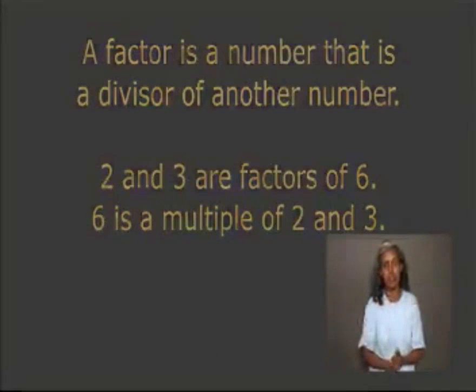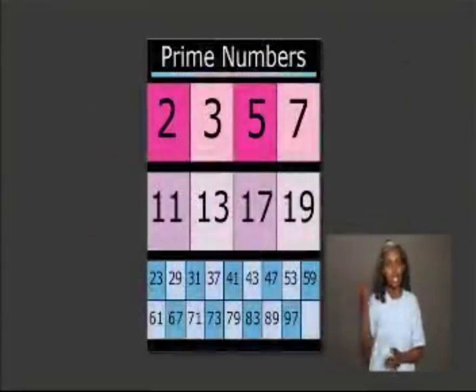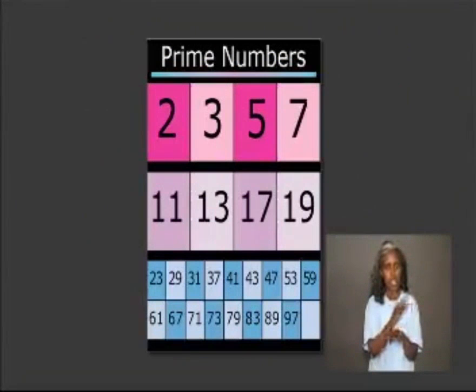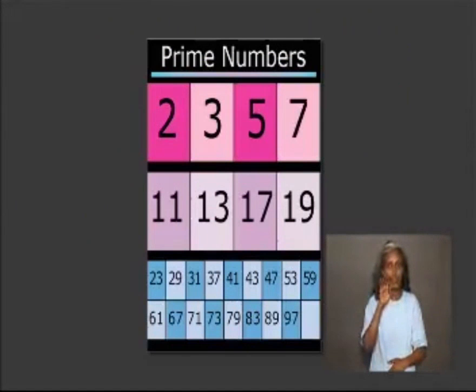A natural number with exactly 2 distinct factors, namely 1 and itself, is called a prime number. Examples of prime numbers include 11, 43, and 79.